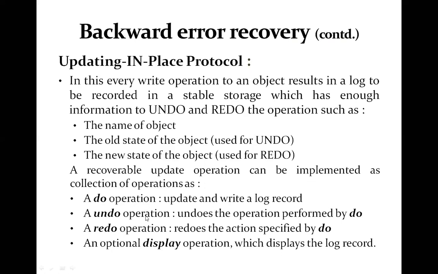An undo operation, for a given log record written by the do operation, is going to undo the action performed by the do operation. And redo, given a log record written by the do operation, redoes the action specified by the do operation.